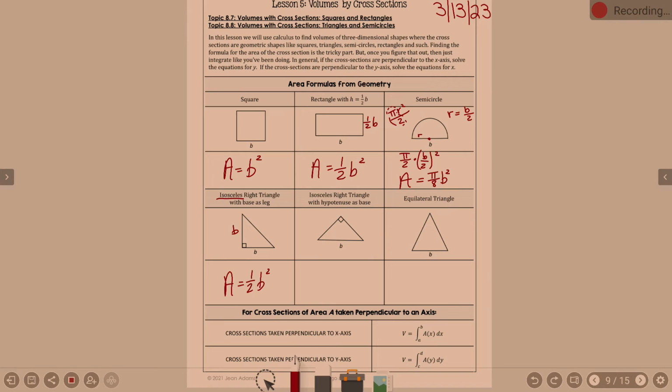So, on this one, first of all, if it's an isosceles right triangle, that makes these guys 45 degrees, correct? And so if they are 45 degrees, what do I want to think of this as?